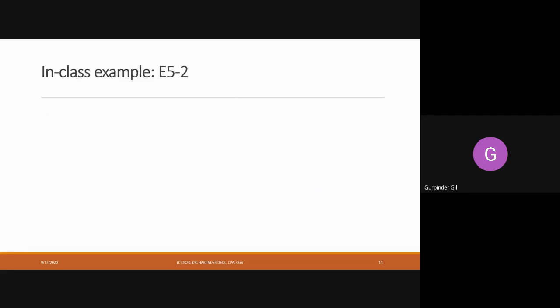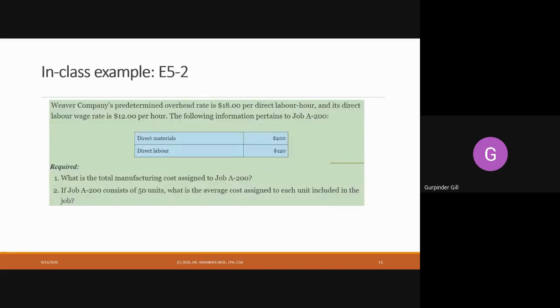Let's look at example E5-2. Weaver Company's predetermined overhead rate is $18 per direct labor hour, and its direct labor wage rate is $12 per hour.